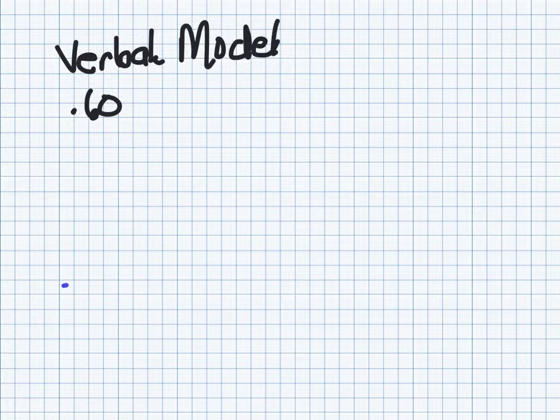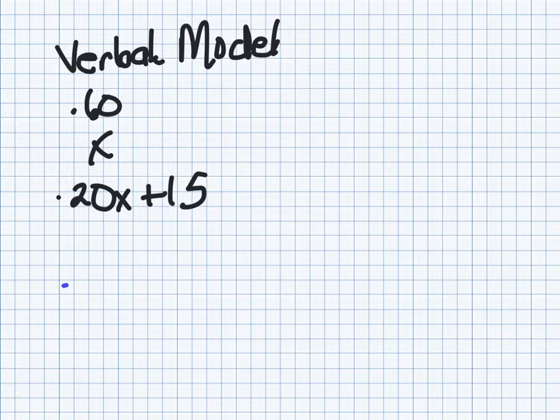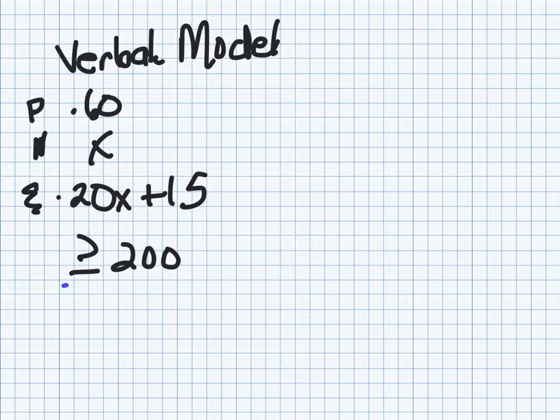The number of flies sold is going to be x. The total expenses will be 20x plus 15, and the desired profit is going to be greater than or equal to $200.